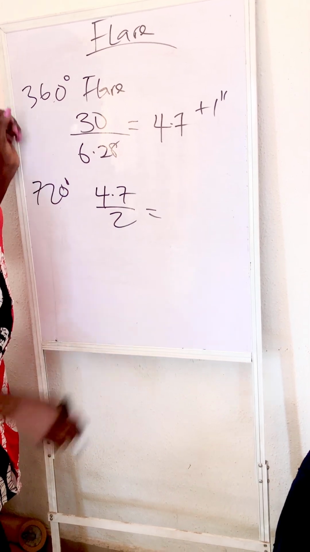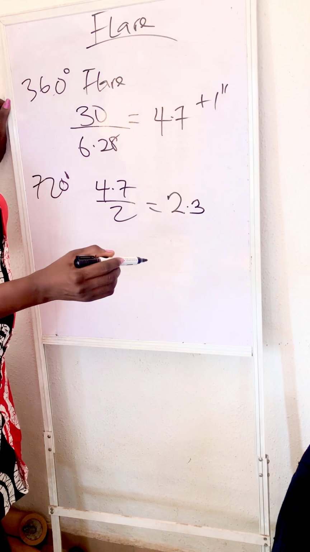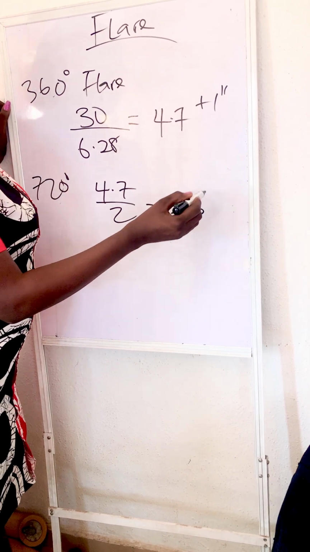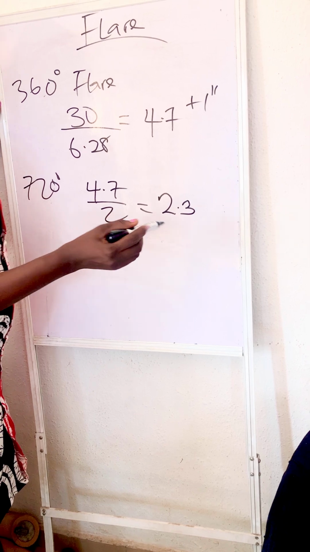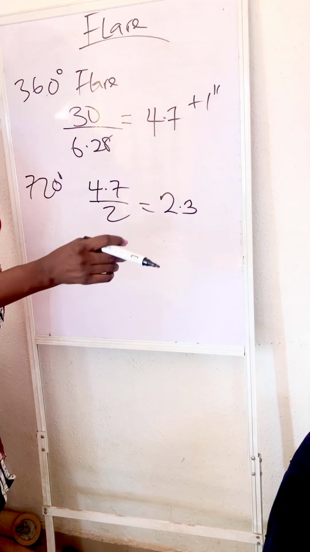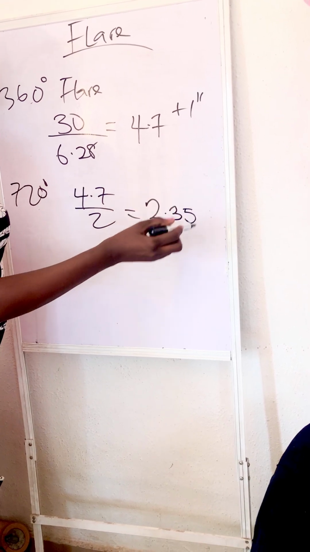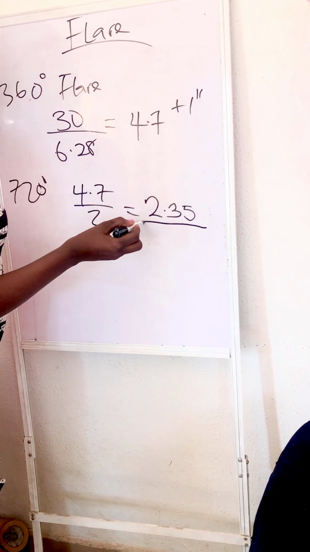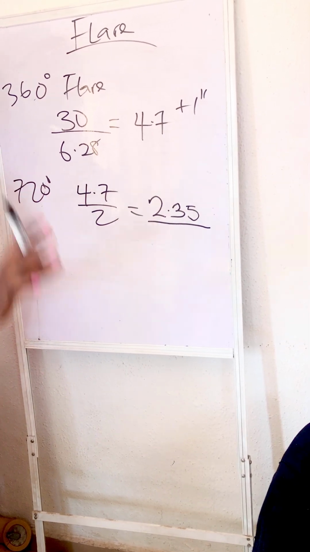That is 2.35. So this is what you will use for your radius whenever you want to cut out your 720-degree flare.